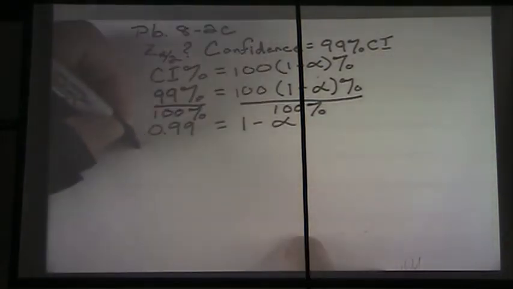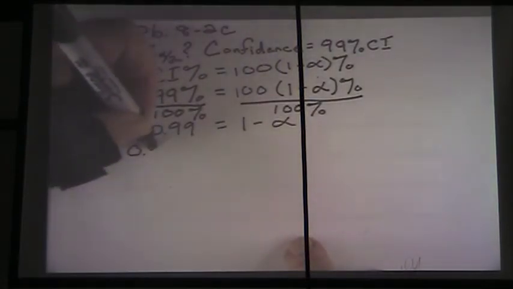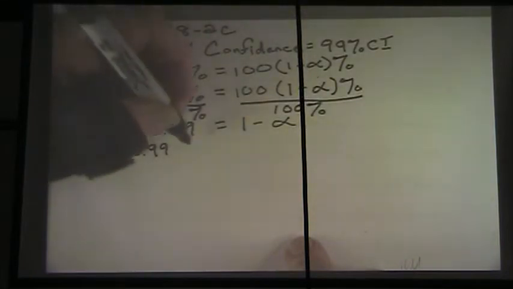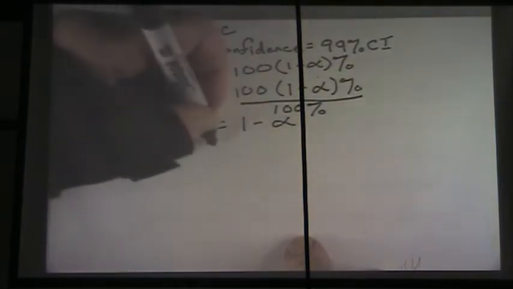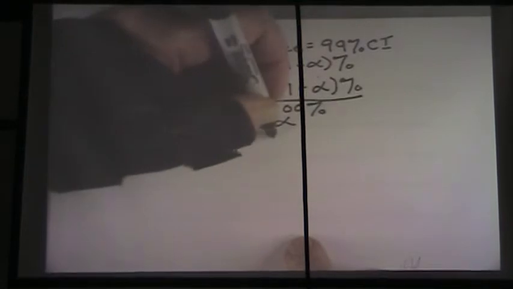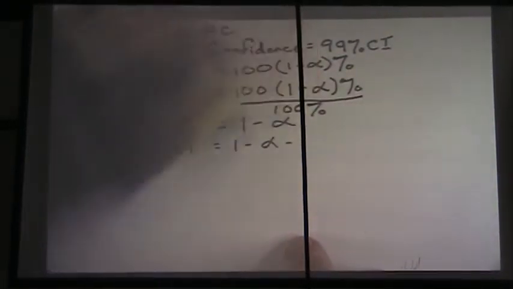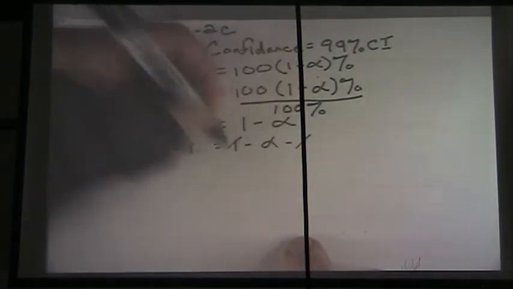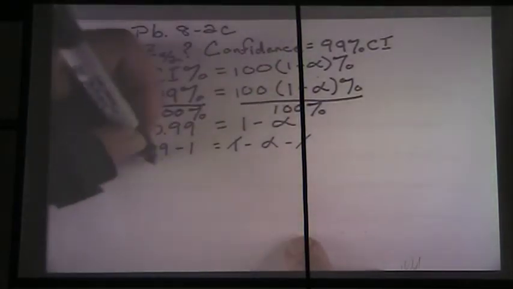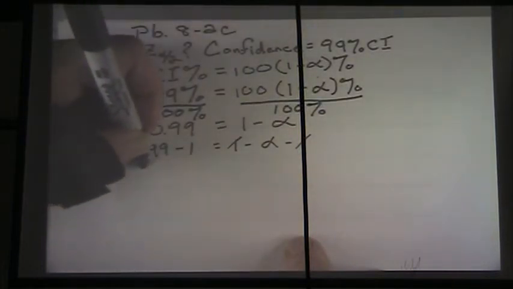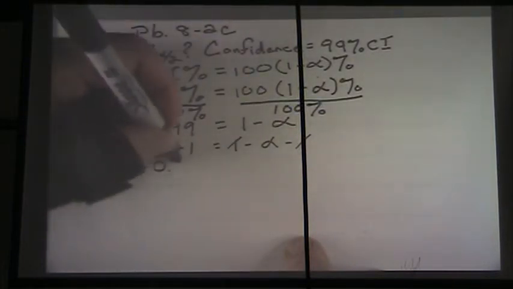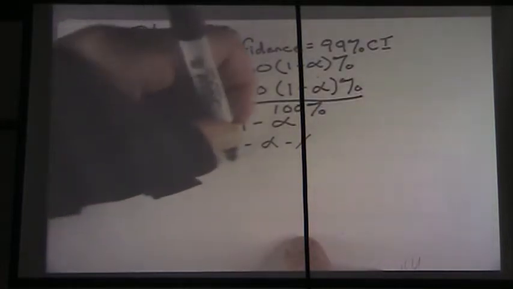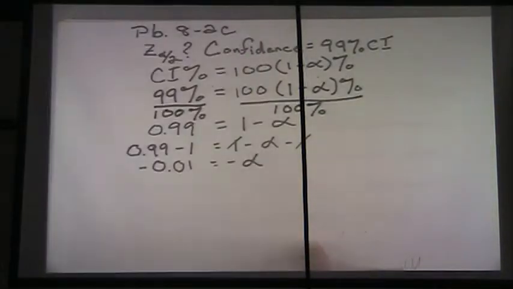All right, so once again, we just take 0.99 minus 1 equals 1 minus alpha minus 1. That means my 1's drop out. On this side, it becomes negative 0.01 equals negative alpha.